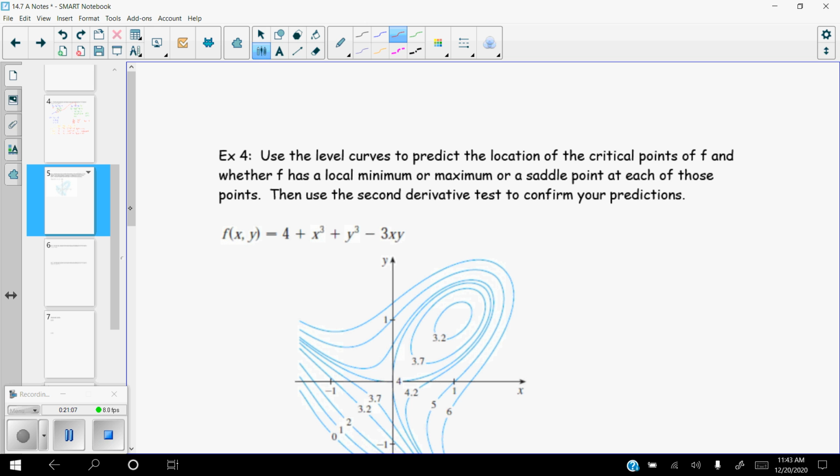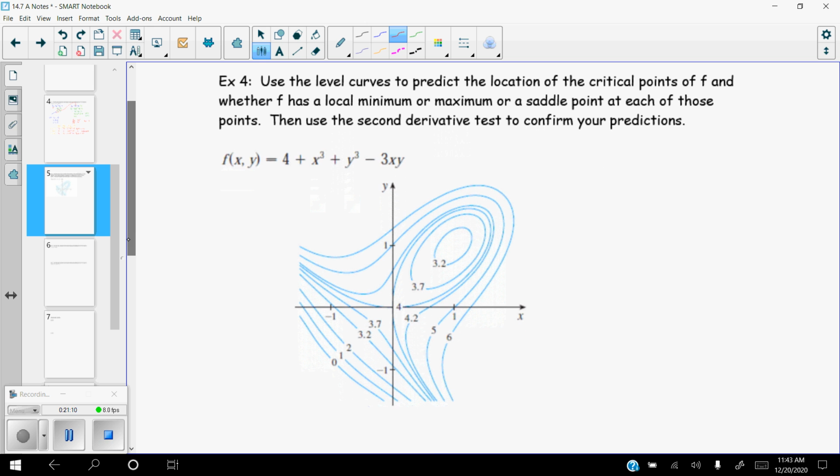Use level curves to predict the location of critical points of F and whether F has a local minimum or maximum or saddle point at each of those points. Then use the second derivative test to confirm your predictions.